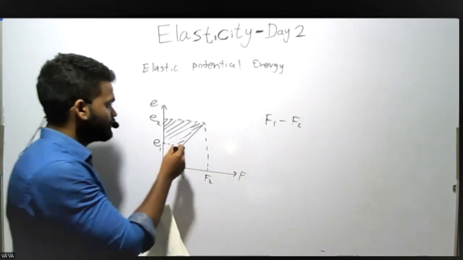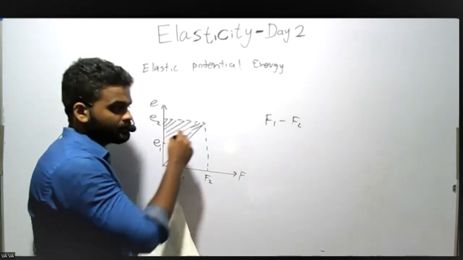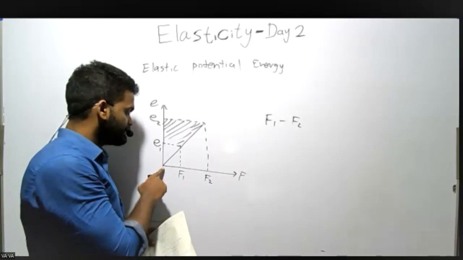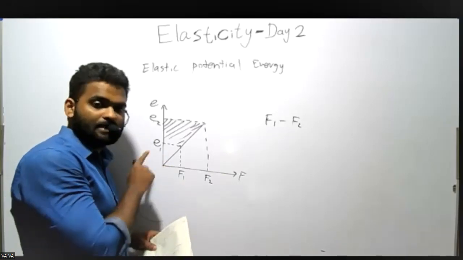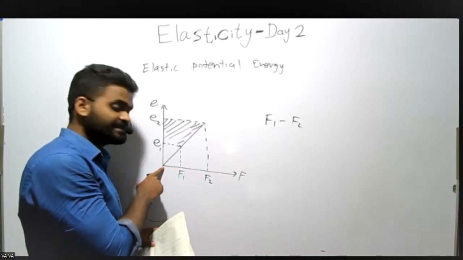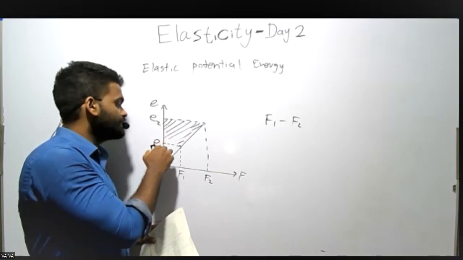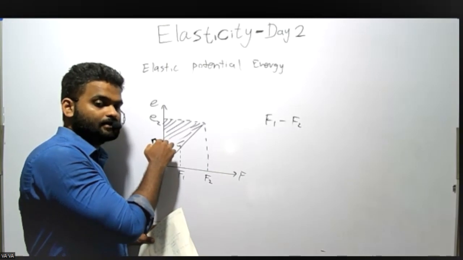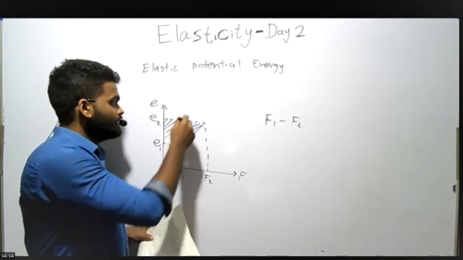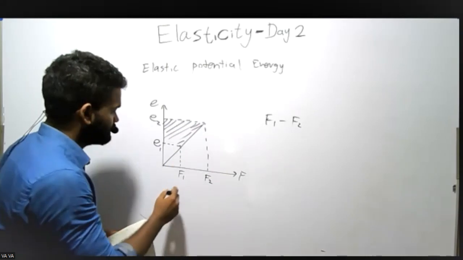How do we find the area of this part? Here they are not asking for the energy from the beginning, when the extension is 0. They are asking once the extension has increased, not from 0. So how do we find the area of this graph?